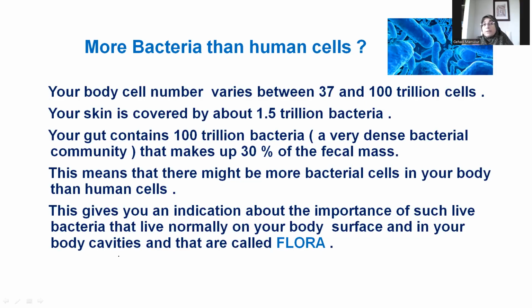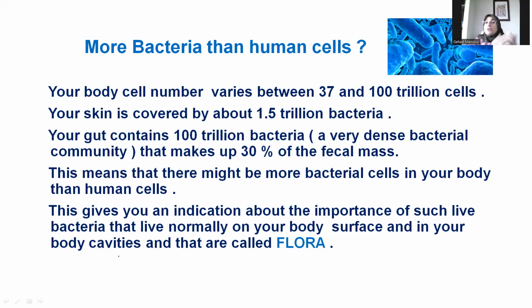So if you know that your skin is covered by 1.5 trillion bacteria and your gut contains 100 trillion bacteria, which means a total of about 102 trillion bacteria, then it is noticeable that the number of bacteria exceeds the number of cells. So we can say that if we consider you and your human microbiome, over you and inside you, you are more bacteria than cells.